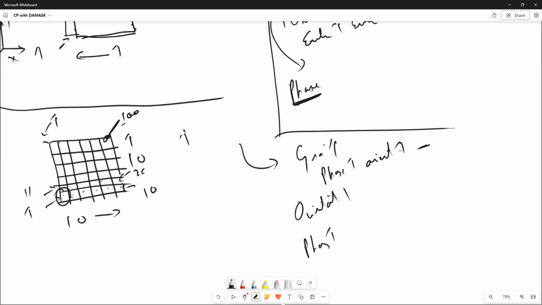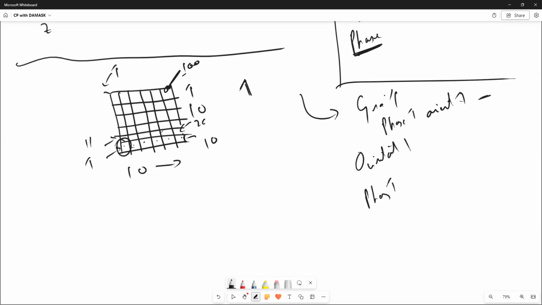Or if it is just one material, one crystal, I can just define this 100 times here, and then in my material file it will be quite simple. I will only have to define one grain, one orientation, one phase.